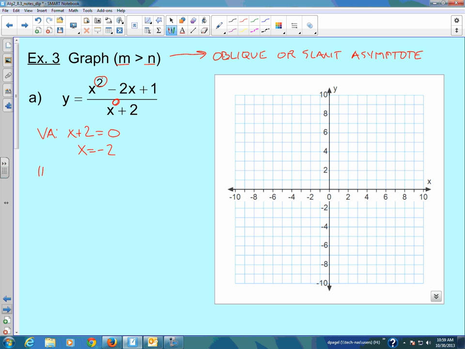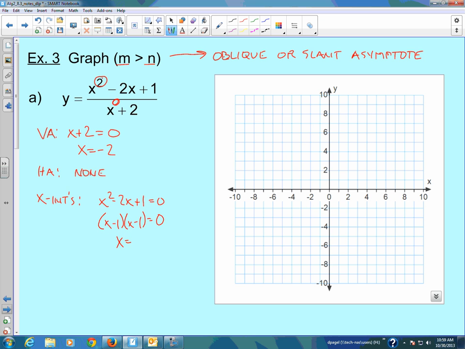The horizontal asymptote, since the degree of the numerator is bigger, there aren't any. X-intercepts, we'd set x squared minus 2x plus 1 equal to 0. And if we can factor that, x minus 1, x minus 1 is equal to 0.